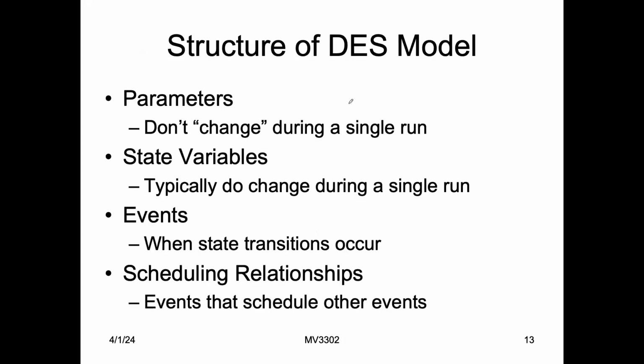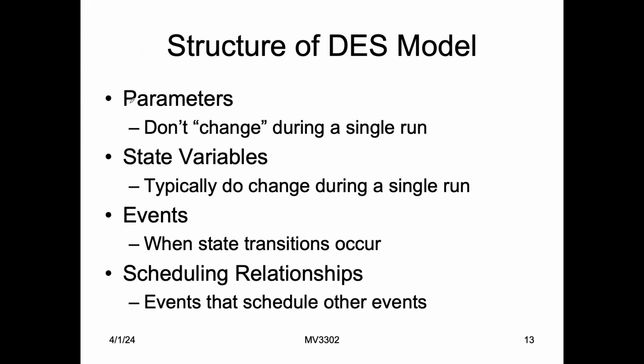So given all that, what is the structure of a discrete event simulation model? Well, we've talked about states as variables, but it turns out that in order to keep from going too crazy, it's very helpful to have parameters.